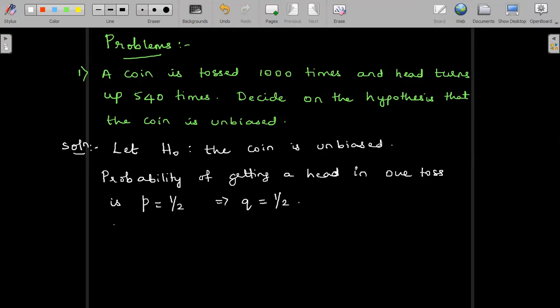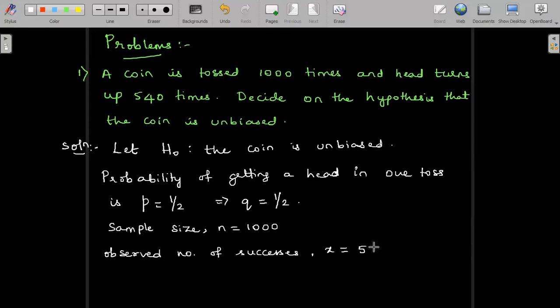Now the sample size n is 1000 and the observed number of successes x is equal to 540.